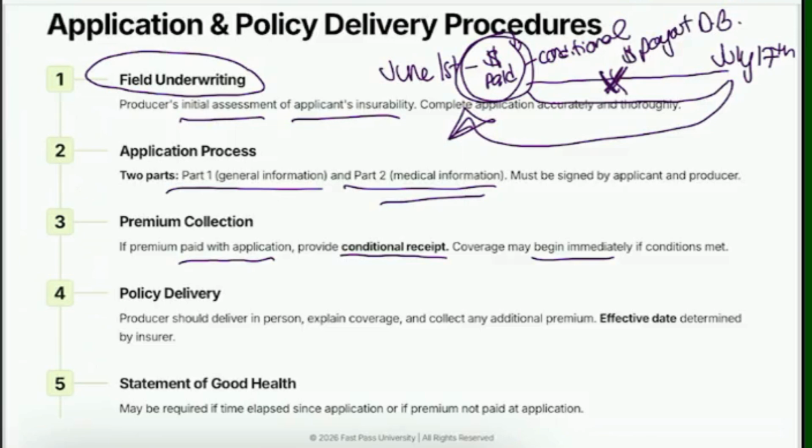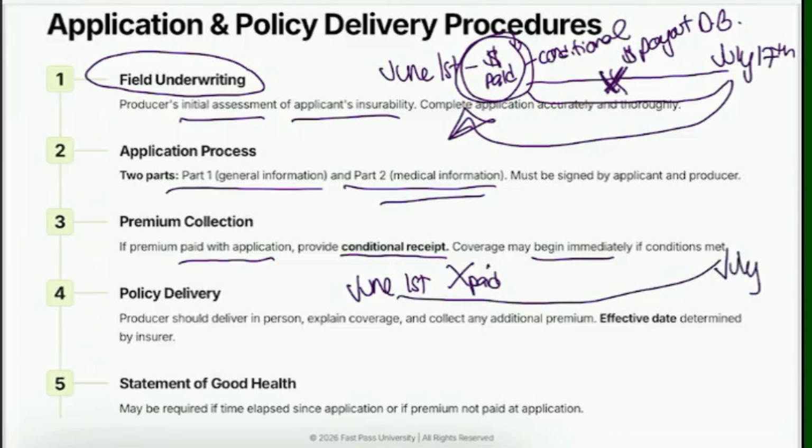Okay. So I always recommend paying your first month's premium and getting your conditional receipt. Because can you just even imagine, right? All right. So if the premium was not paid, and then it gets issued on July 17th, the policy goes into force here.